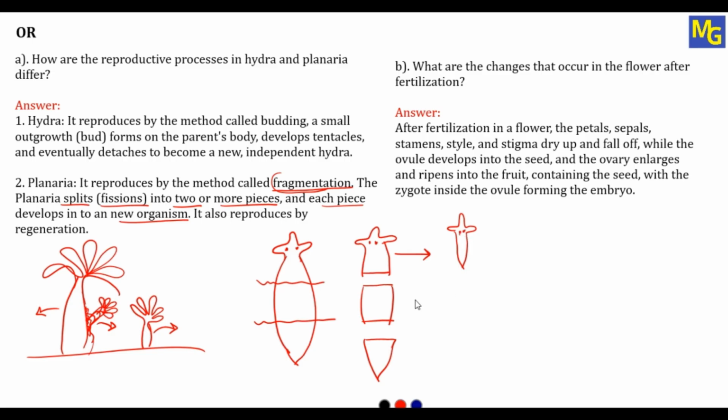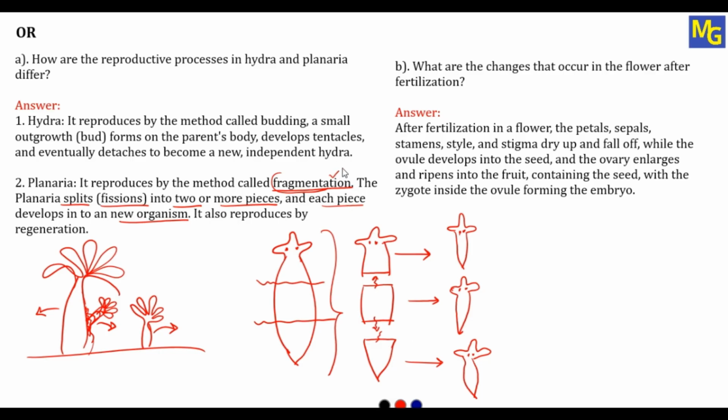From here also it starts growing and develops the remaining part, and this also will become a new Planaria. And the same way, this third part starts growing from the top side, and this also will grow and give a new Planaria. So by this process, we get three Planaria from one parent Planaria. And this is called fragmentation.